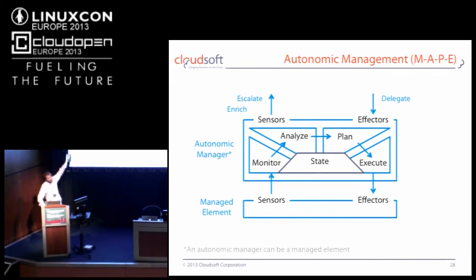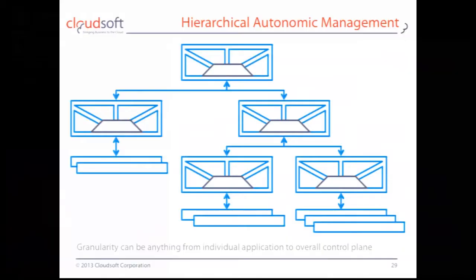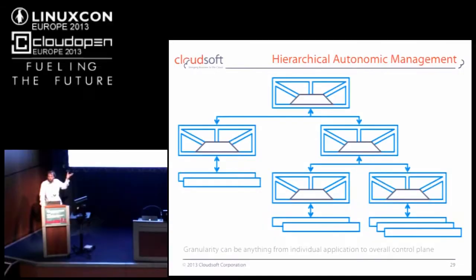So it will emit sensors and effectors. And that allows you to build up interesting hierarchies where at the root might be a high-level dashboard type view of the application, but then down at leaf nodes, I can have as much detail buried away as I need. As an aside, it also provides a nice route to distributing this, carving it up and federating it.